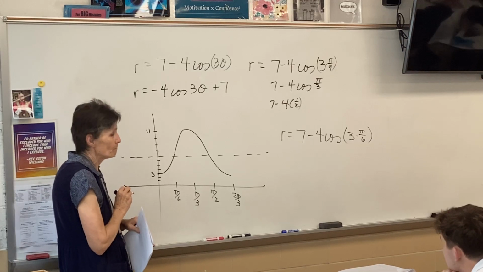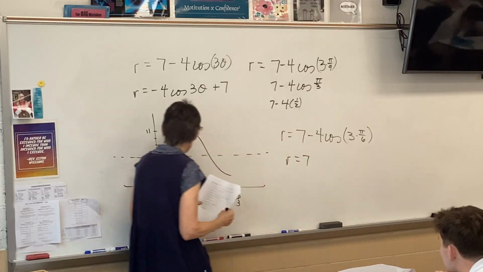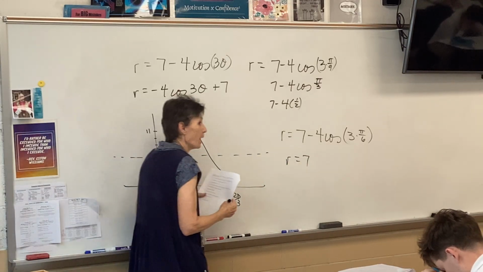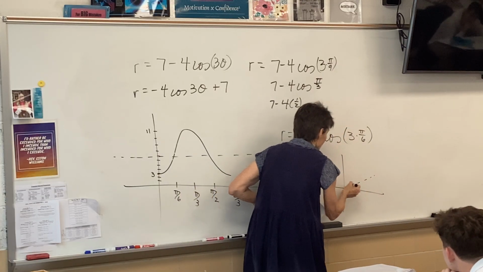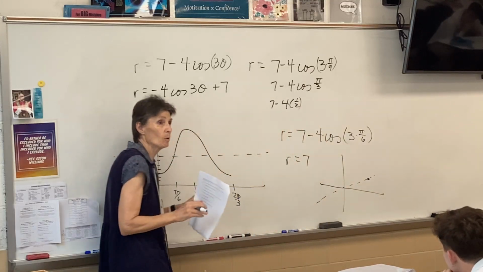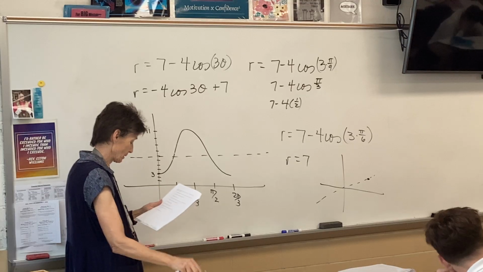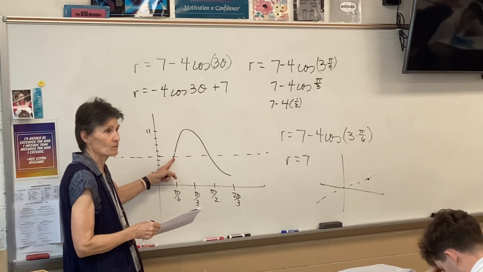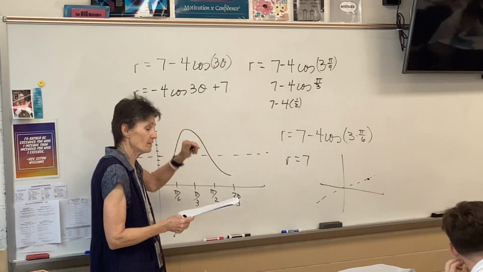R is 7. We get this point right here. If we plotted that on a polar grid, here's pi over 6. You'd be out here. You're not at the origin, so that's okay. Relative maximum at pi over 6? No. Points go clear out to 11.